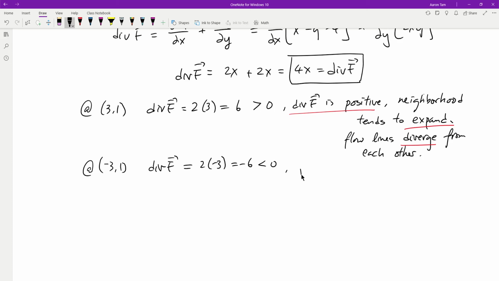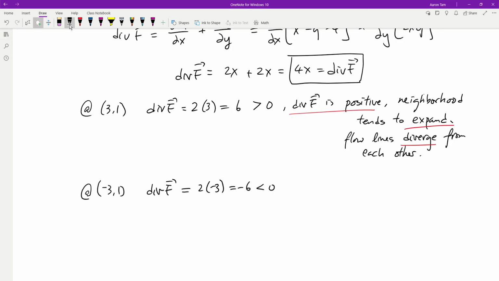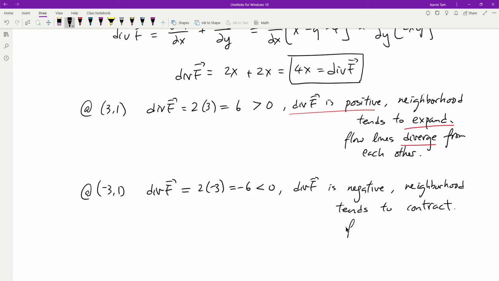So what does that mean? I kind of wrote it. All right, there you go. That would imply that the divergence of f at that point is negative, and therefore the neighborhood tends to contract, and therefore flow lines can be seen to converge toward each other.